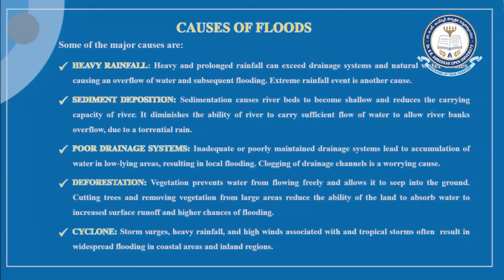Subsequent flooding occurs due to sediment deposition in the river valleys, which causes the riverbeds to become shallow and reduces the carrying capacity of the rivers, leading to outflow of water into the low-lying areas. Poorly maintained drainage systems lead to the accumulation of water in low-lying areas, causing local floods.